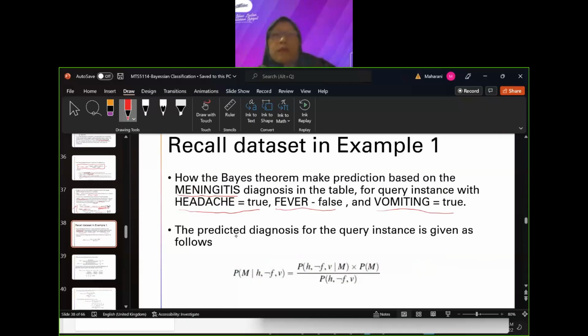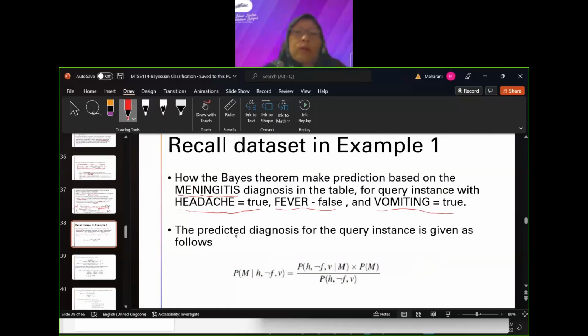So by three conditions, the patient got the headache and vomiting, but no fever, then we're going to predict whether the meningitis is yes or no. So the patient will get meningitis or not. We're going to predict that using the Bayes theorem. So let's do it.